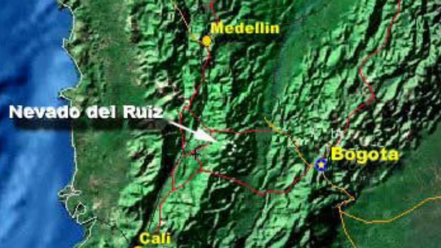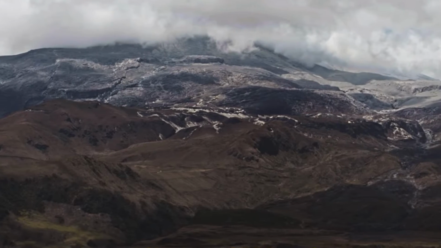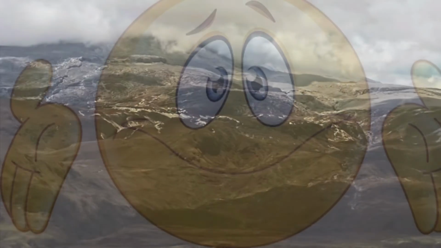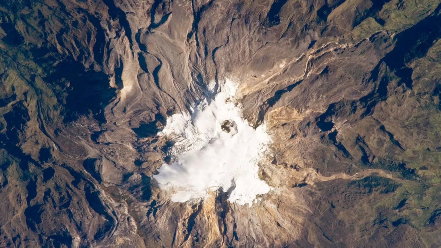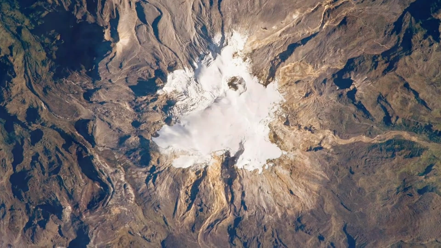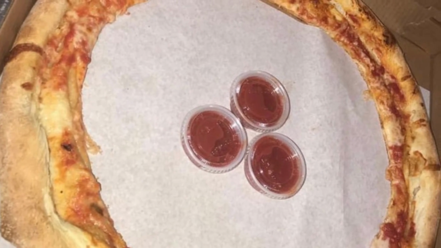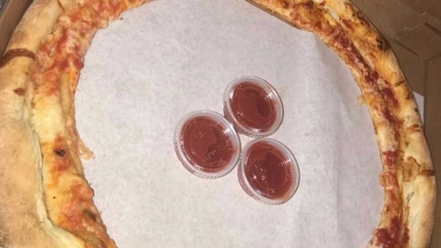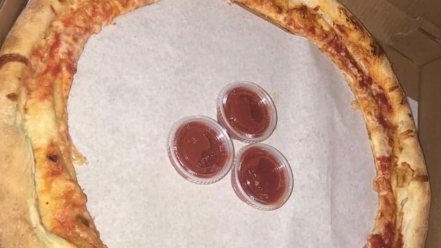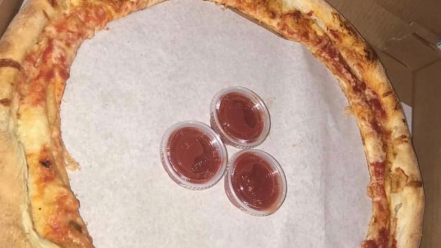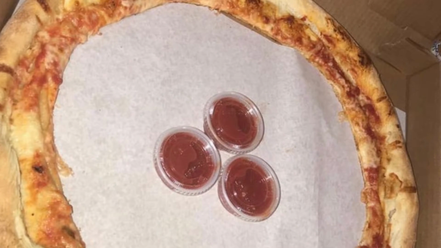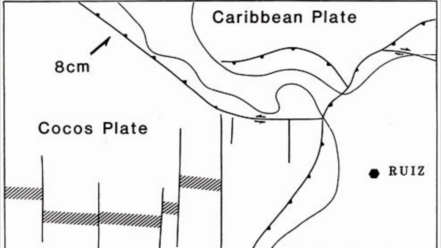Due to the subducting Nazca plate under the South American plate, we have the volcano Ruiz forming. This forming has been happening since the Pleistocene. The subducting Nazca oceanic crust under the continental South American crust is about 30 kilometers thick continental crust.